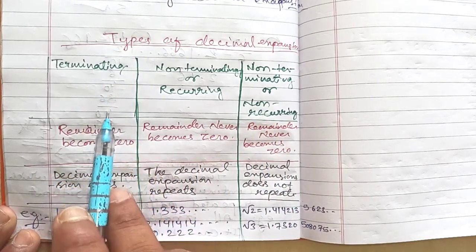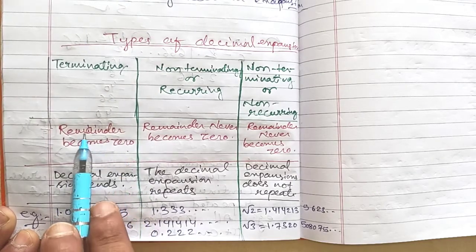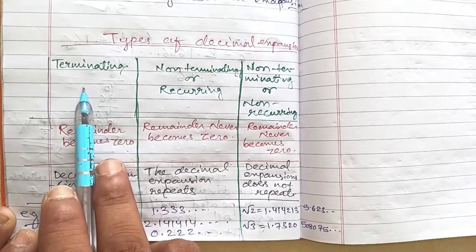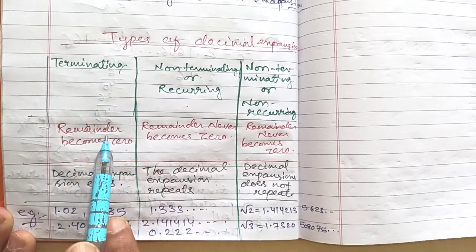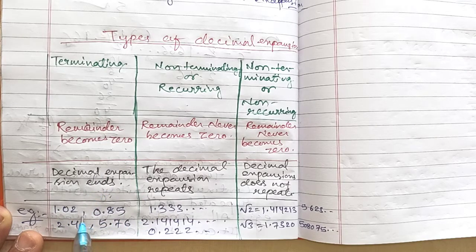Those expansions where the remainder becomes 0 after a finite number of steps. Those are called terminating decimal expansions. Here the decimal expansion ends. When we divide such a number, the remainder becomes 0. Examples are 1.02, 0.85, 2.40. The decimal answers will be finite.